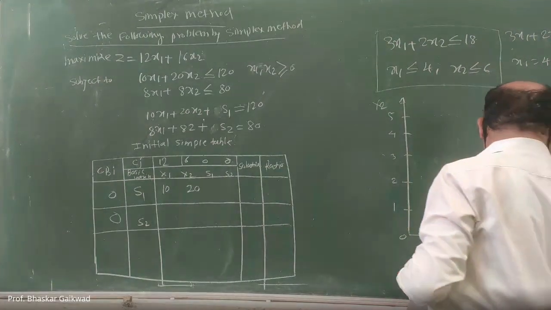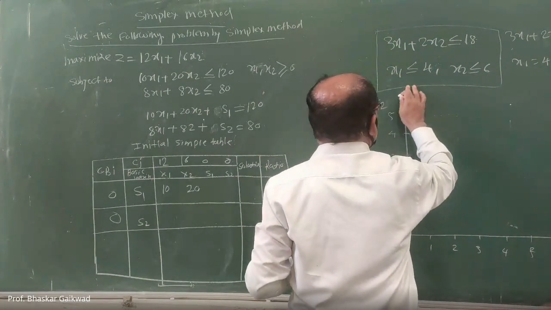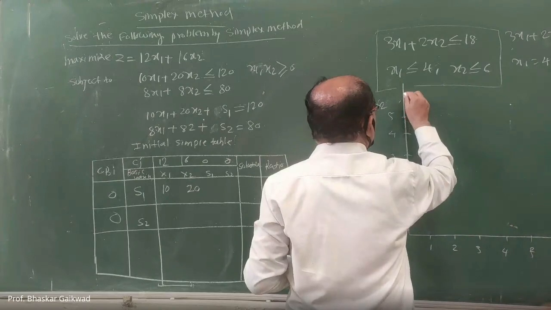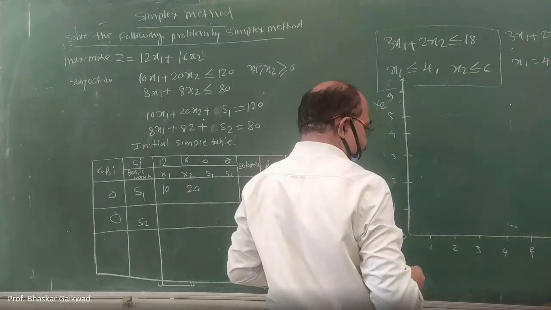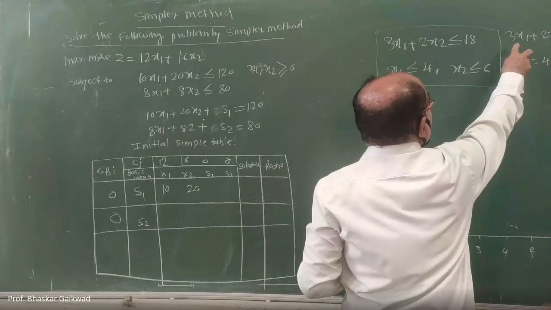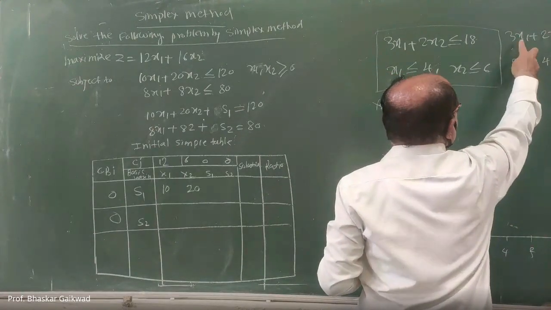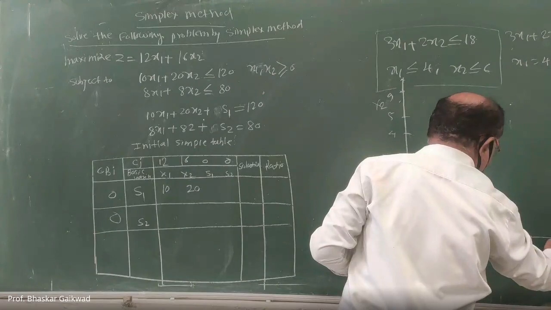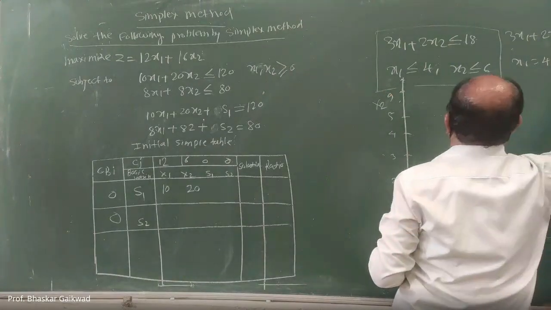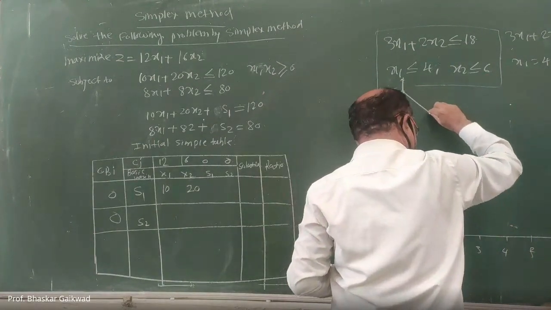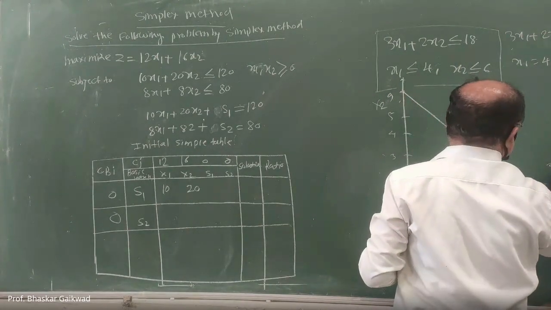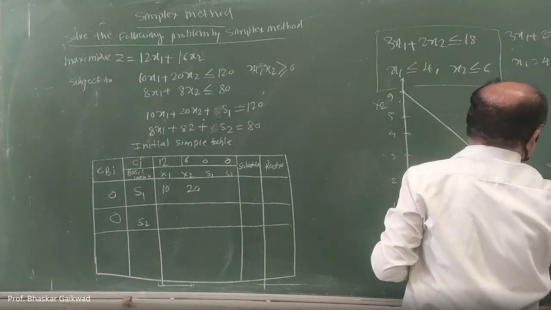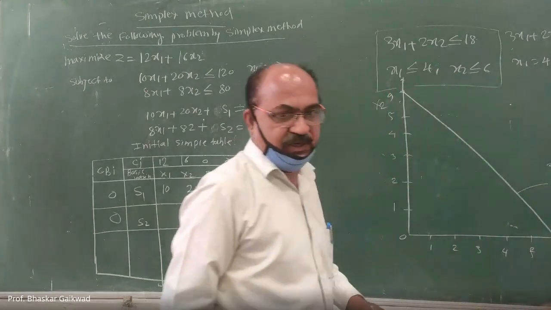So 6 and 9. So in this equation x1 is 6 and x2 is 9. Correct.